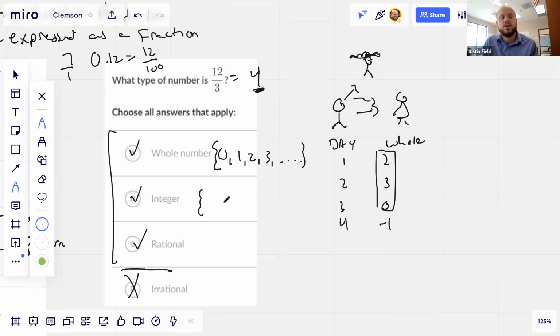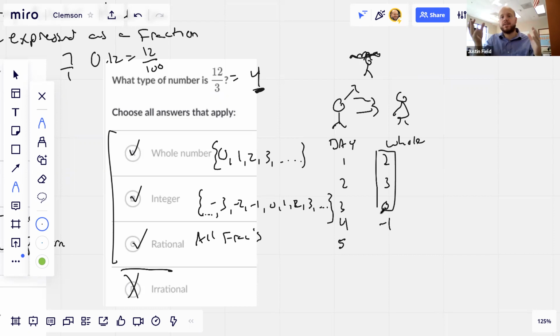Integers go backwards into the negatives and forwards. And then rational numbers are all fractions. We talked about that. That happened on day 5 when between the 2 cavemen, they only had 1 rabbit, so they had to split it in half. Share the rabbit, share rational numbers. Okay, so all fractions. Half. So that was how it worked.